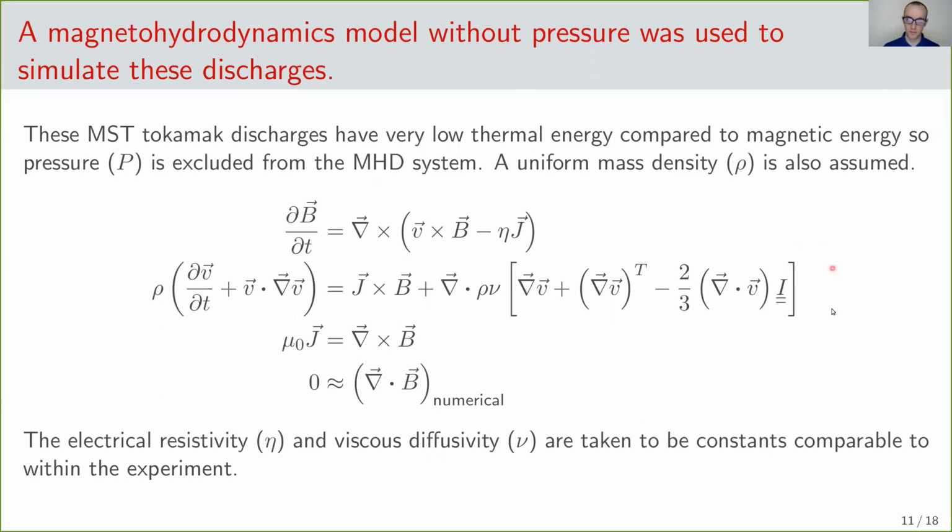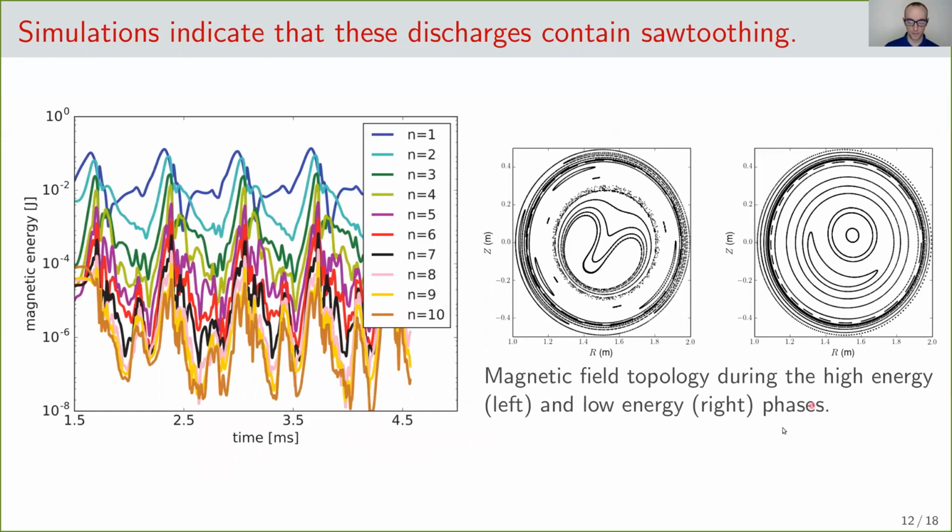And we solved this set of equations with the NIMROD code, which is high performance code using MPI that is able to run on large HPC systems. Through this simulation, we found out that these were sawtoothing discharges.